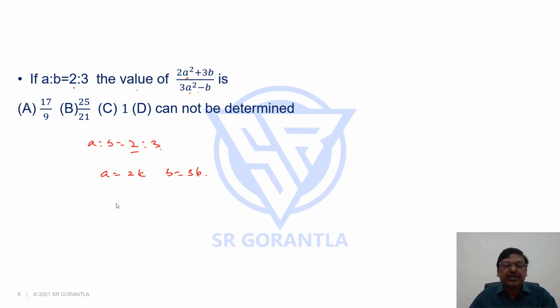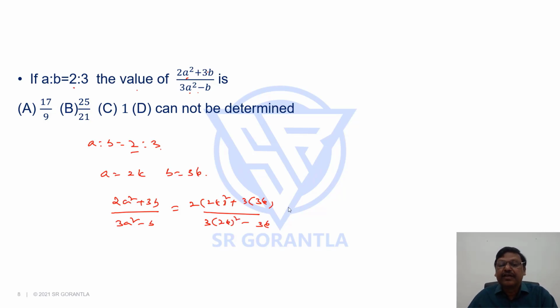If I substitute this here, 2a square plus 3b by 3a square minus b, 2 into 2k whole square plus 3 into 3k by 3 into 2k whole square minus 3k. If you look at this, 4k square into 2, 8k square plus 9k by 4k square into 3, 12k square minus 3k.